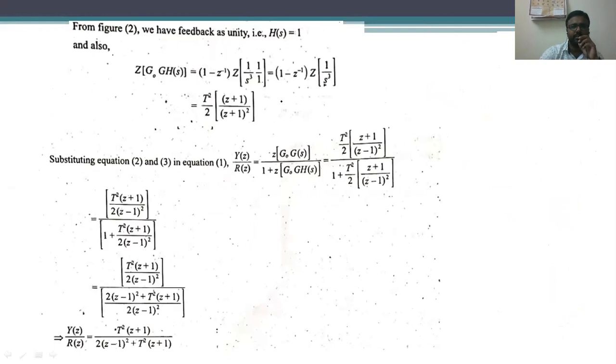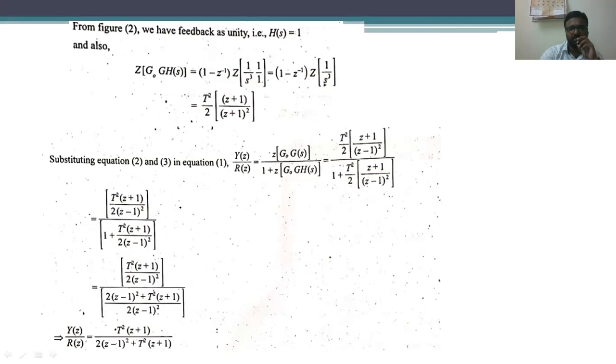We are going to get t square divided by 2 into z plus 1 divided by z minus 1 whole square, divided by 1 plus t square divided by 2 into z plus 1 divided by z minus 1 whole square.